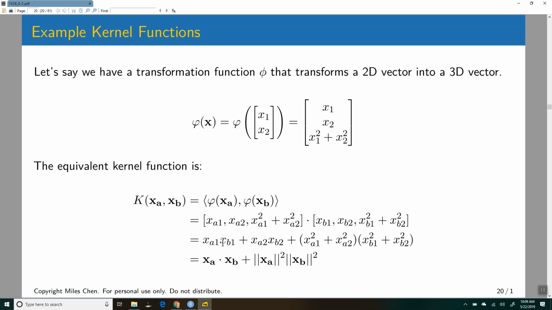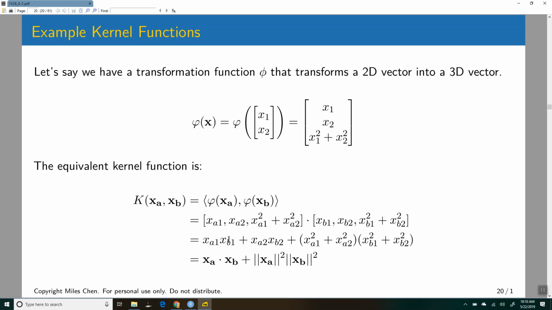If we apply the inner product of these things, we'll get xa1 xb1 plus xa2 xb2 plus the quantity xa1 squared plus xa2 squared times xb1 squared plus xb2 squared. That can be simplified into xa dot xb plus the norm of xa squared times the norm of xb squared.